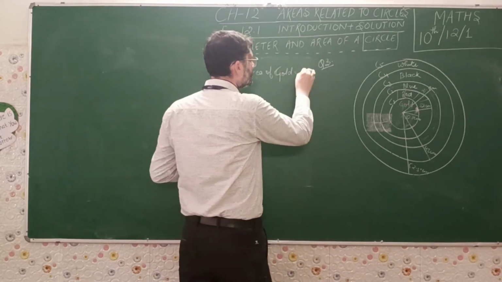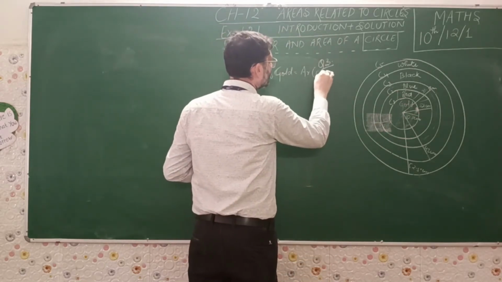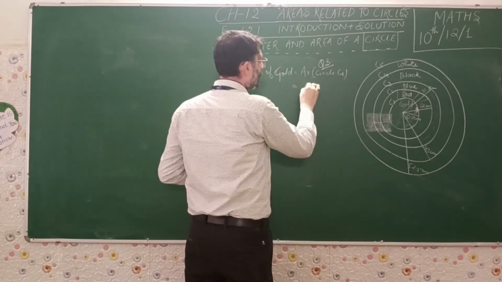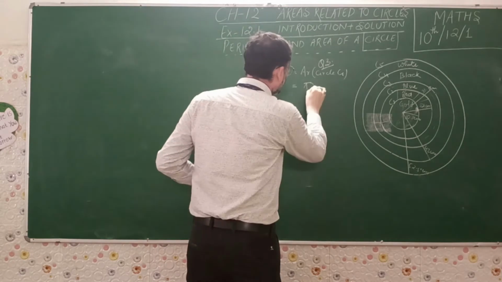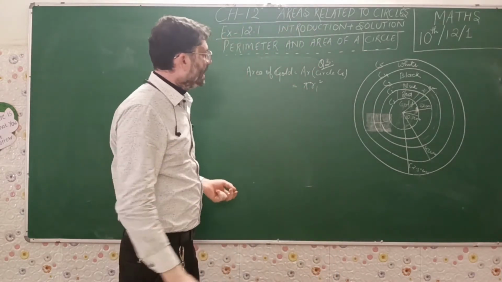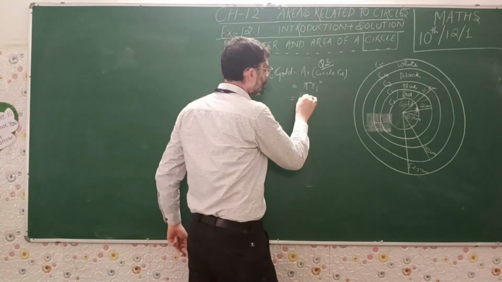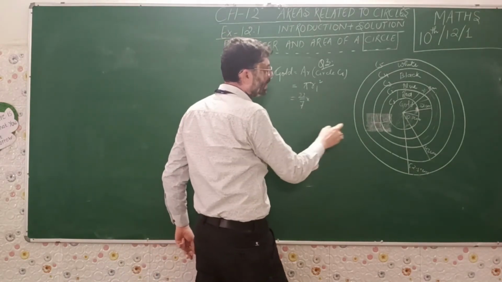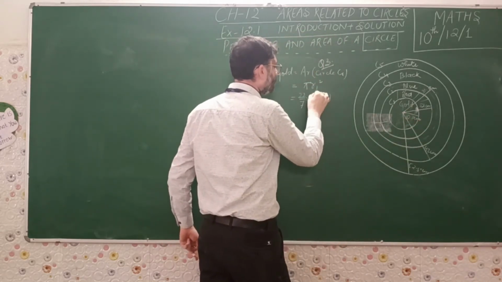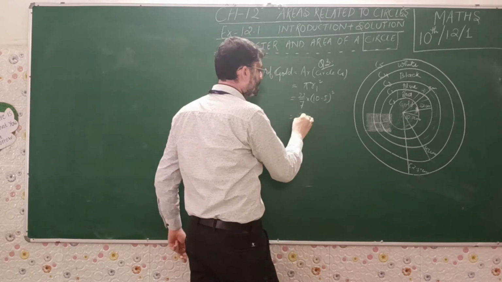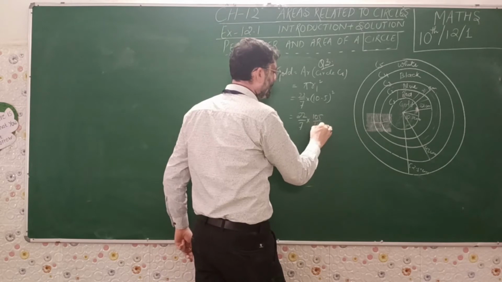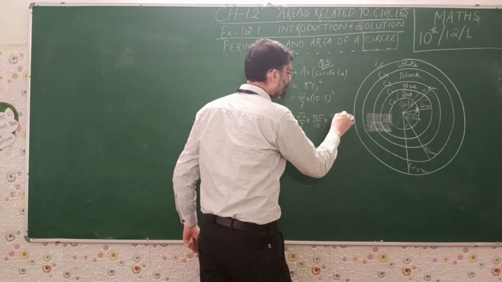So this is equal to the area of circle C1, which is given by pi r1 square. The radius of C1 is r1, so this can be written as 22 by 7 into 10.5 whole square. This can be written as 22 by 7 into 105 by 10 into 105 by 10.